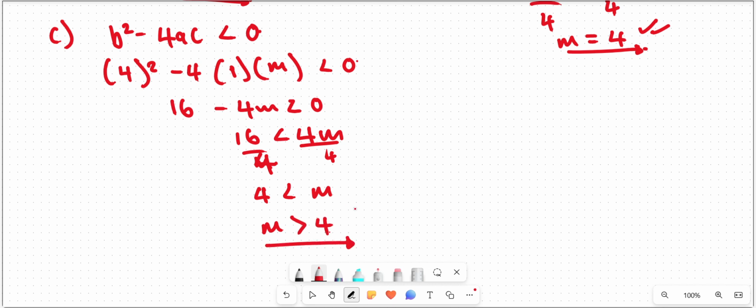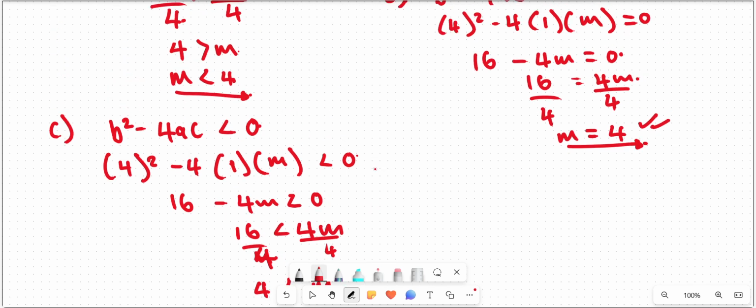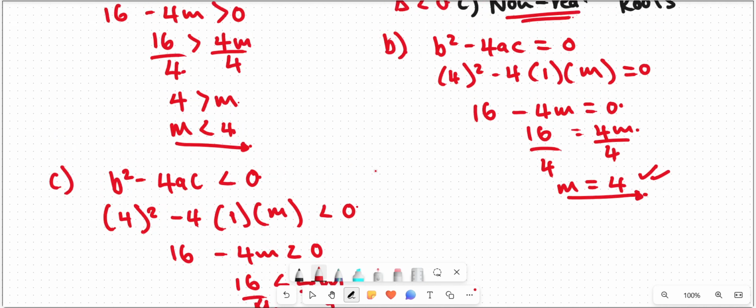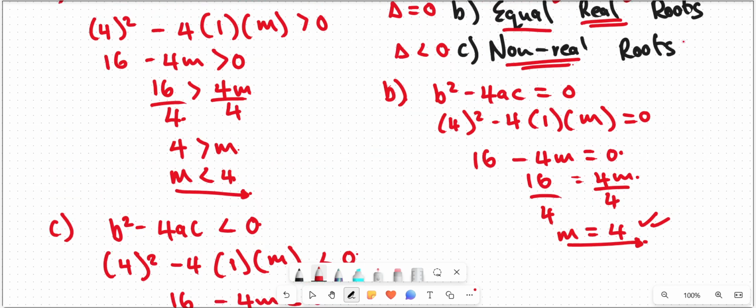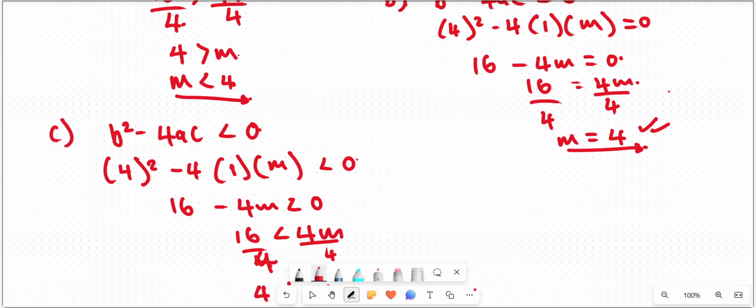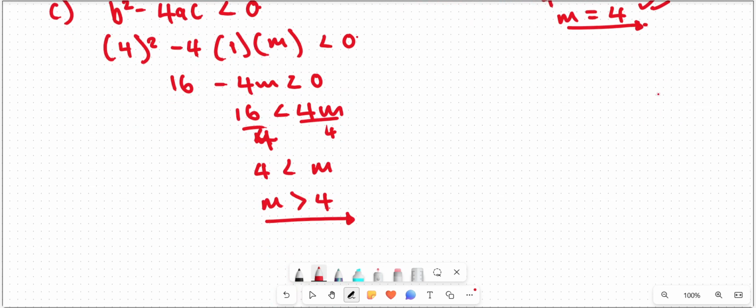So those are the only m values, the ones greater than 4, that will always give me non-real roots. And there we go. I hope you're seeing the contrast between the prior questions and this question here. I'm going to do another example on these types of questions, and we'll see how we go.